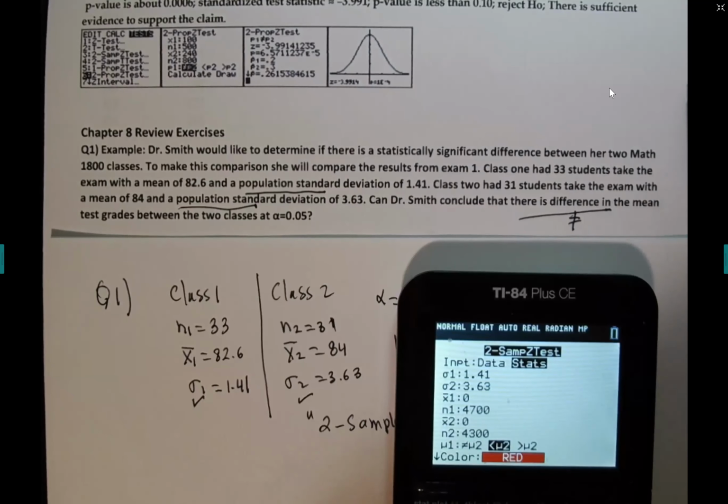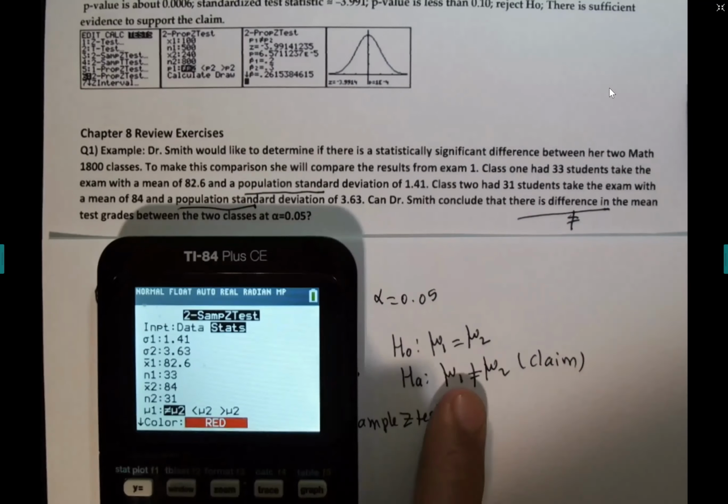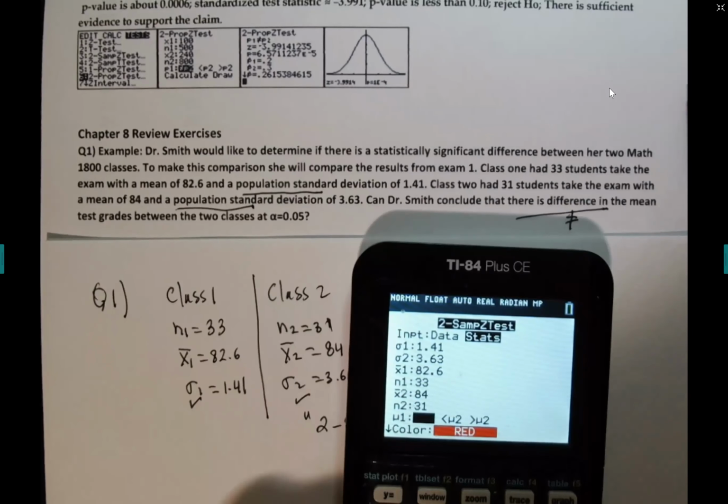X1 bar is 82.6. N1 is 33. X2 bar is 84. N2 is 31. And we need to choose mu1 not equal to mu2, as you can see right here. And hit calculate if you like.